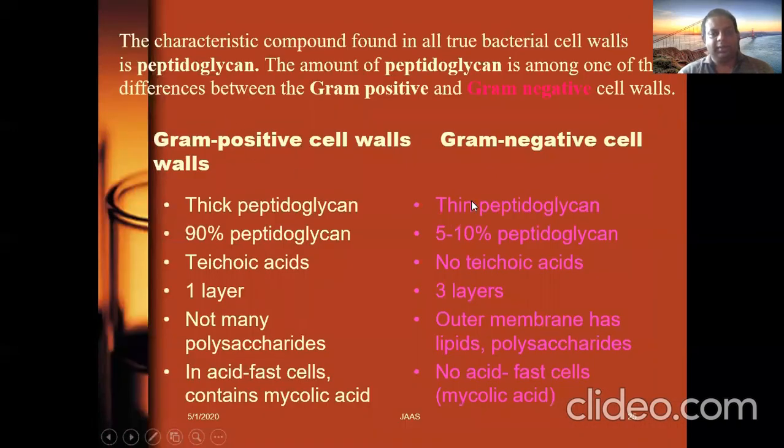So there are key differences and similarities, but compared to the gram-negative cell wall, the gram-positive peptidoglycan thickness is very high. The gram-positive cell wall is about 90% peptidoglycan. In the gram-negative, it is 5 to 10%.